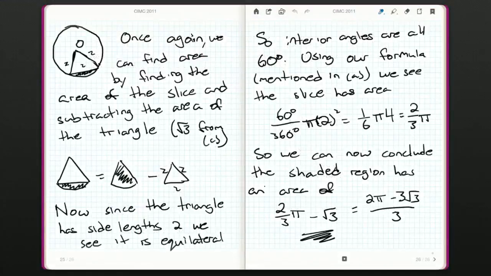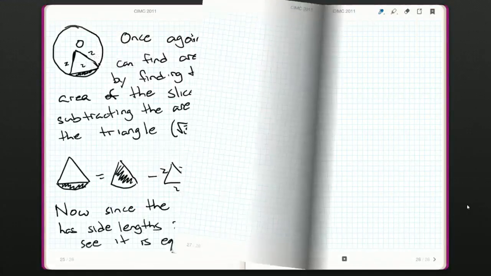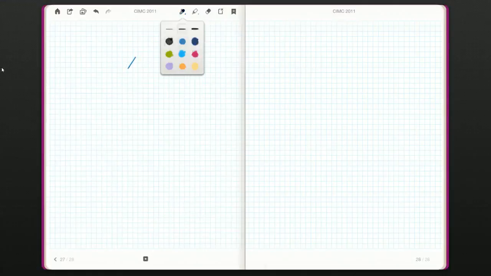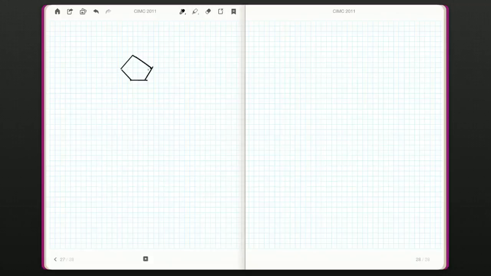So we get ourselves another piece of paper, and we start drawing. Oh, I'm on blue for some reason. Pentagons aren't the easiest thing to draw, but that's okay. We'll make this vertex T up here.